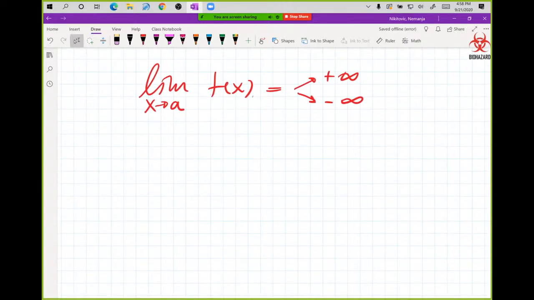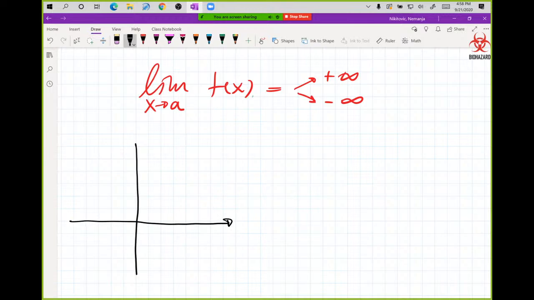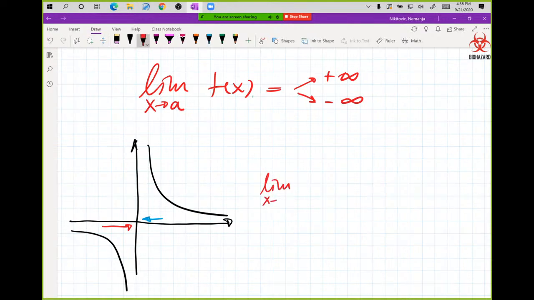Now, we already talked about this case, when we said that the function 1 over x, which graphs this way, and you had Juliet from the left and the Romeo from the right. So Juliet said the limit as x goes to 0 minus of 1 over x was equal to negative infinity.